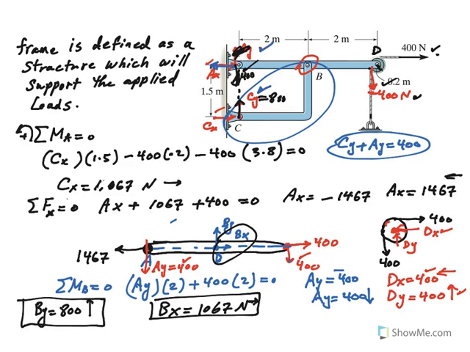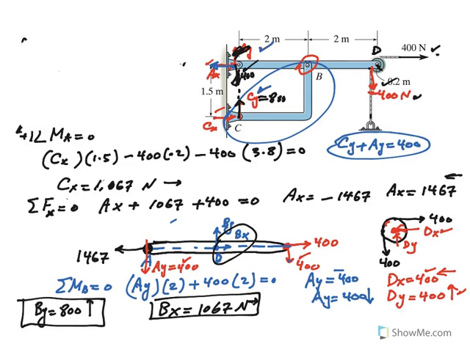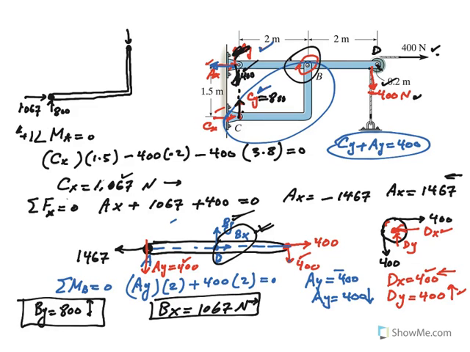And what I was saying, guys, is that BC actually is what we call a two-force member. It's not a straight two-force member, but is in the form of a bracket. You see how here I earlier found CX to be 1067 and just got CY to be 800 up. You see how BX and BY acting on this member are in these two directions shown. But when I show it on the member itself, member BC, BY is 800 up, so it's going to be 800 down here.